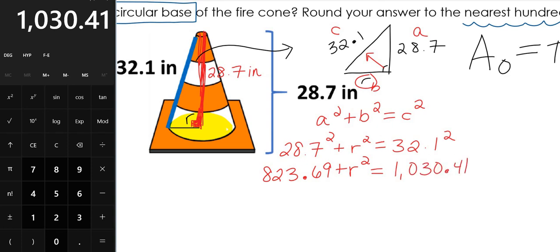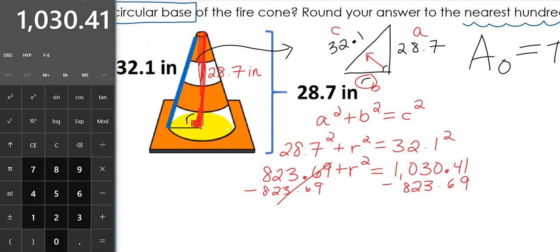1030.41. Now we need to get r squared by itself, so we're going to subtract 823.69 from both sides. And in the calculator, I still have that 1030.41, so I'm going to click minus 823.69 equals.